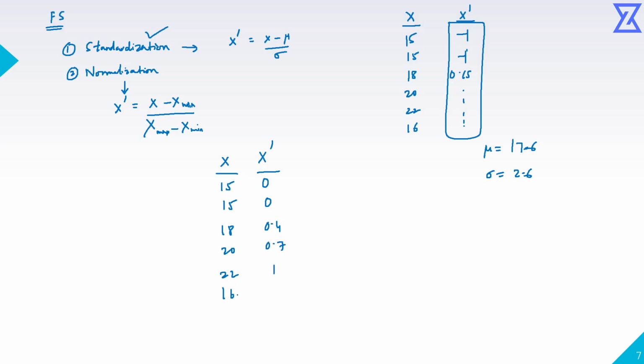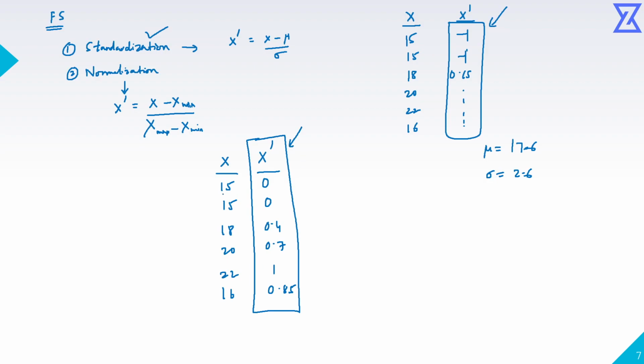This will be 1. 16 minus 15, 1 divided by 7, roughly 0.14. So this is your normalized data, and this is your standardized data.